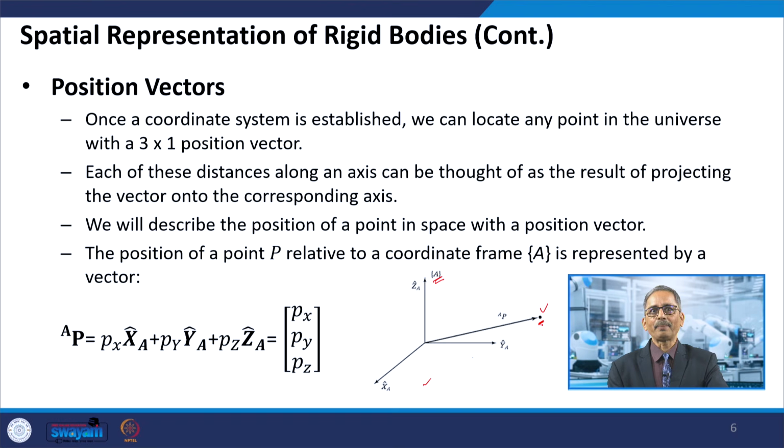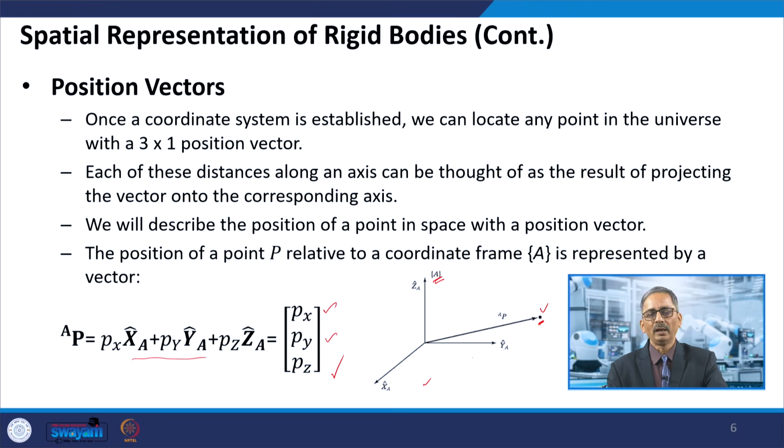That position I can describe with the help of a position vector which consists of nothing but the 3 coordinates of that point. These are px, py and pz. This is how I can define it, or in terms of unit vectors I can define it like this. Each of these distances along an axis can be thought of as a result of projecting the vector onto the corresponding axes.